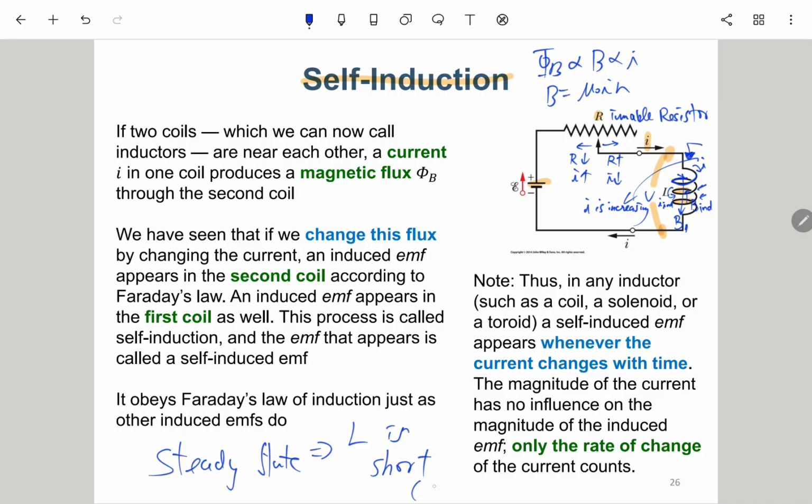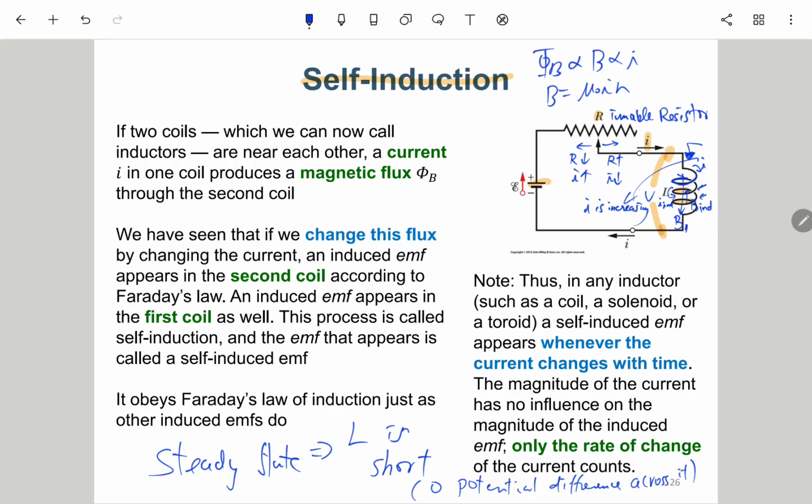Short means zero potential difference across it. There won't be any voltage drop.